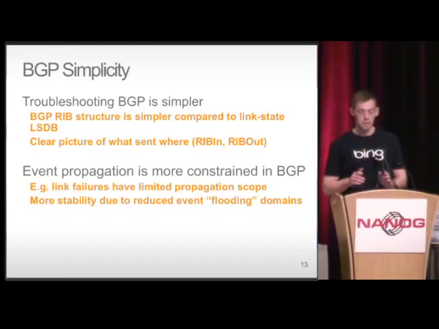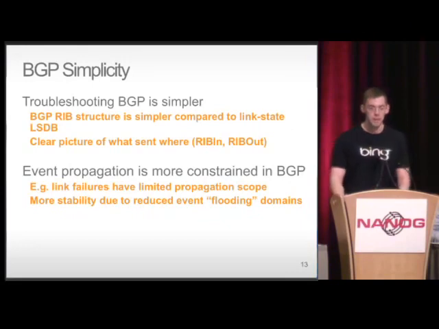So normally BGP is more explicit in this sense, because what you see is most often what you get in the routing table. Plus, you can always see which routes you receive and which routes you send to your neighbors. With a link state protocol, you have to look at the flood lists and links being sent to your neighbors. And overall, trying to troubleshoot OSPF is generally more difficult.